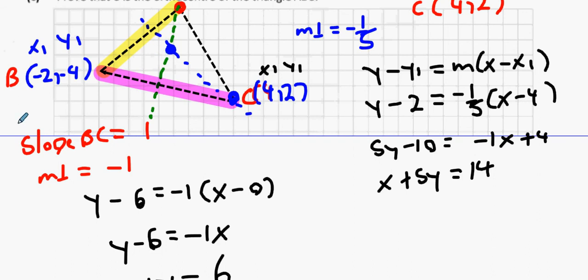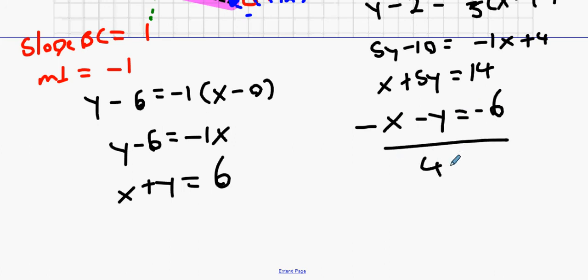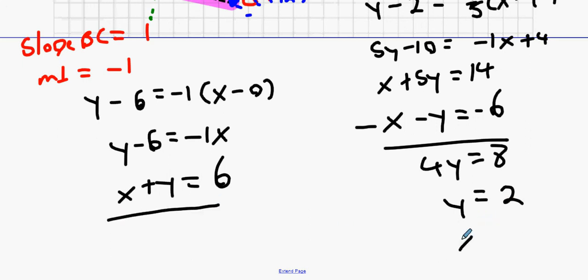Simultaneous equations. I'll just multiply that one by minus, and we should be able to get the answer. I get 4y equals 8, y equals 2. And if y equals 2, x must equal 4. And that is also the point C, isn't it? We all good?